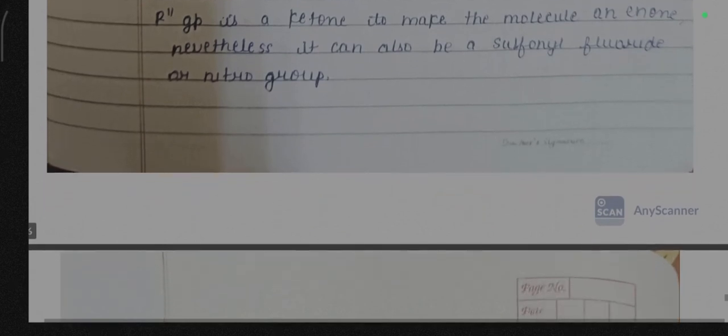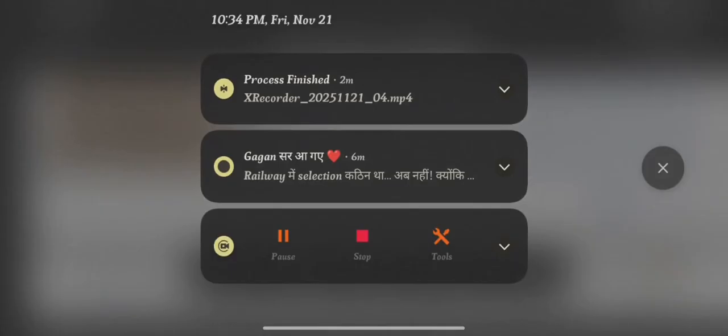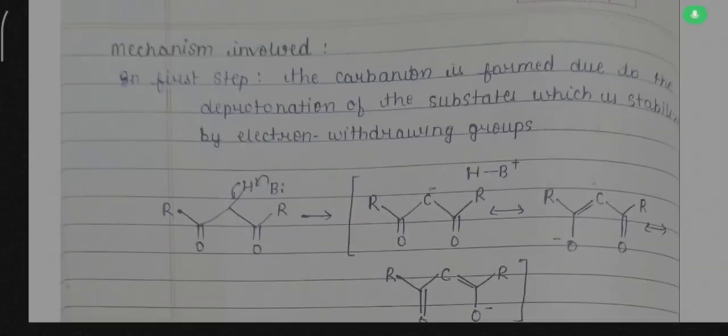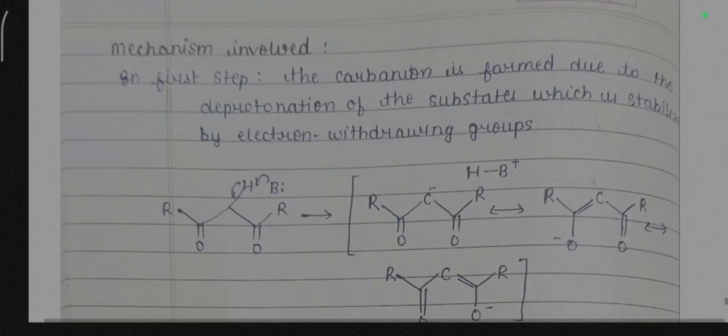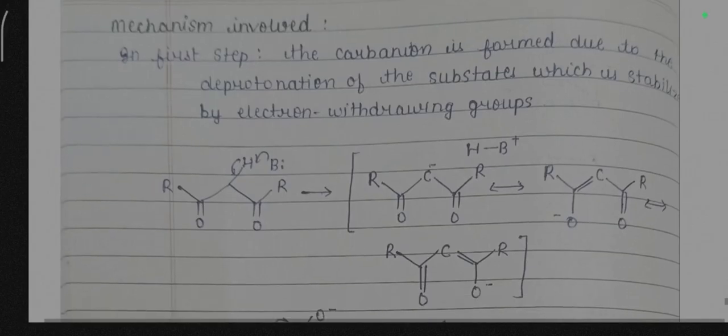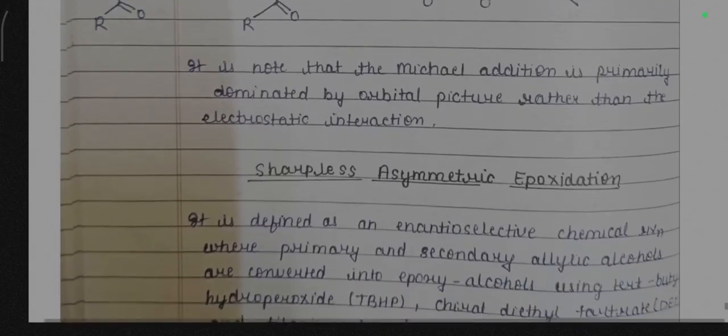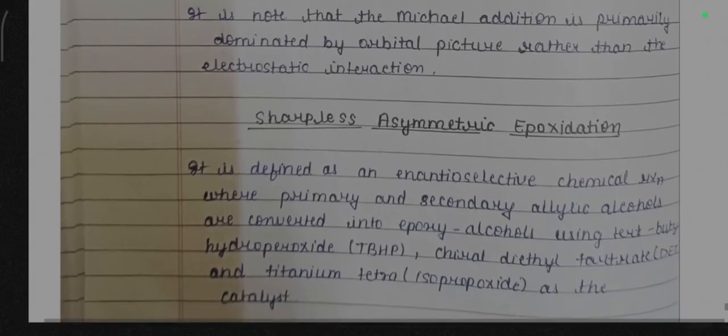Nevertheless, it can also be a sulfonyl fluoride or nitro group. Mechanism involved. In the first step, the carbanion is formed due to deprotonation of the substrate, which is stabilized by electron withdrawing groups. It is noted that the Michael addition is primarily dominated by the orbital picture rather than the electrostatic interaction.